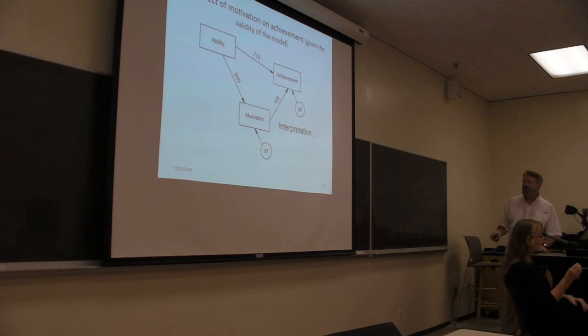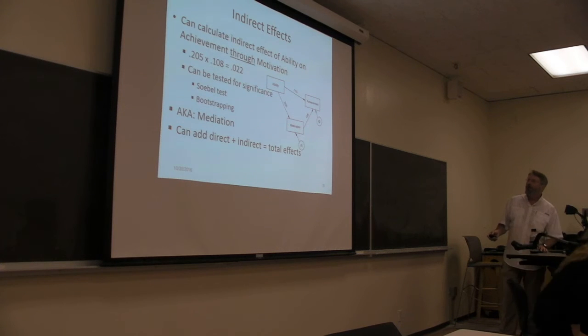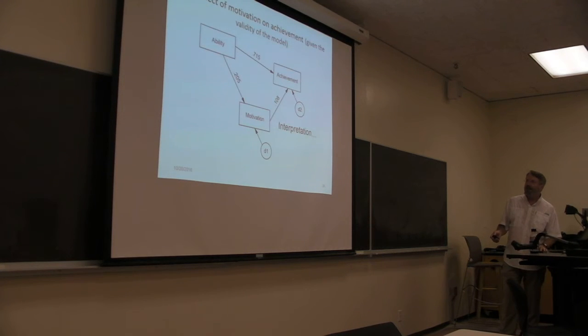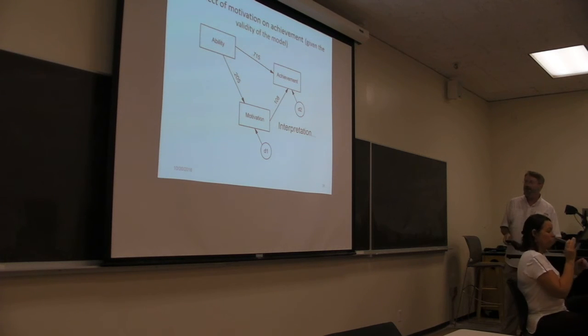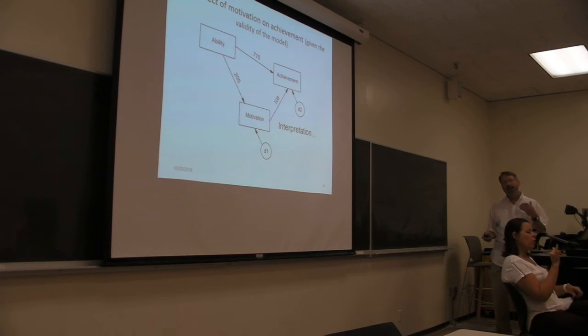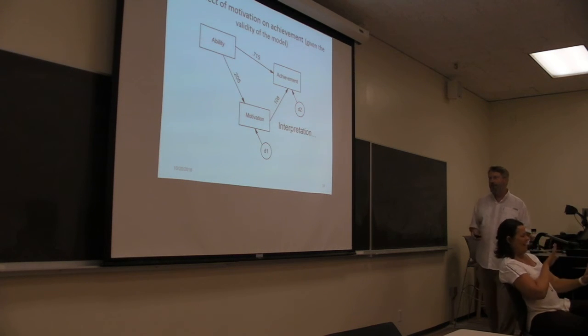And ability also influences motivation. So kids who have higher levels of ability, as a result, have higher levels of motivation. One fascinating and important aspect of a model like this is that it is also a way of looking at indirect effects, which are very important.